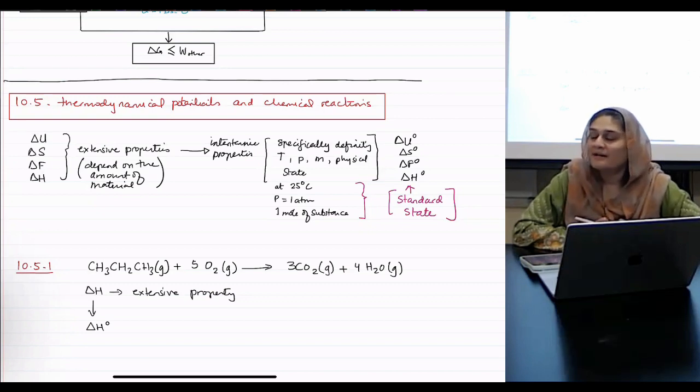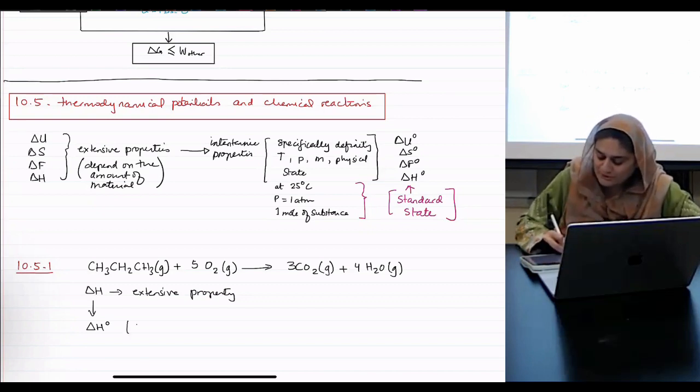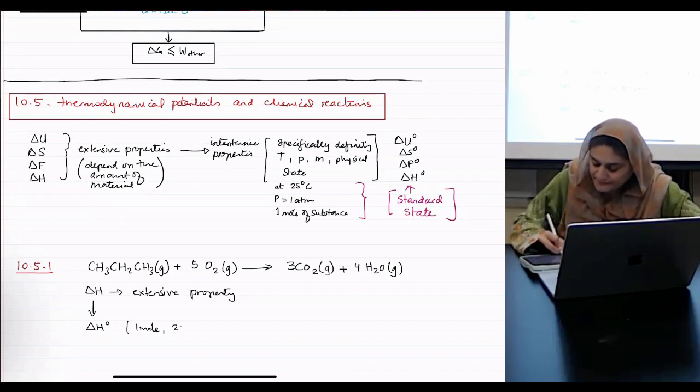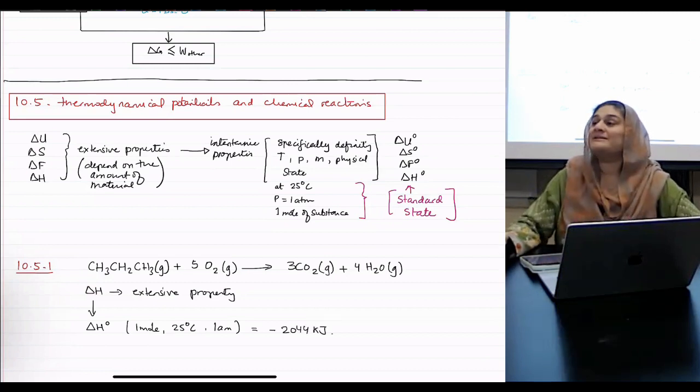We calculate it for 1 mole at 25 degrees Celsius and at 1 atm, and we call it negative 0.44 kilojoules. We put it in a table and call it a day.